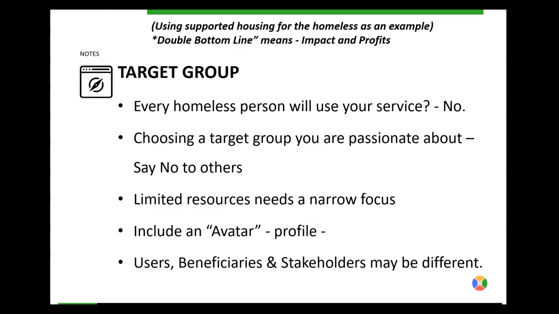So you might say, well, my target market, or my target group, or my group of beneficiaries, are young men between the ages of 18 to 25 who live in a particular kind of location, who maybe don't have a job, or have a low paying job and need extra skills so that they can bolster their opportunities for the future.